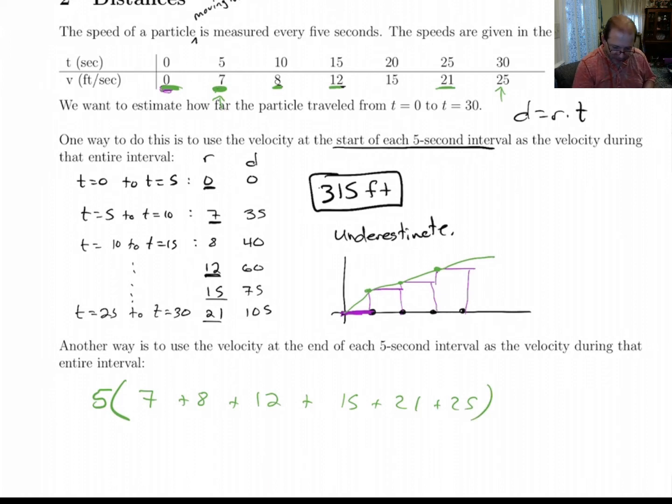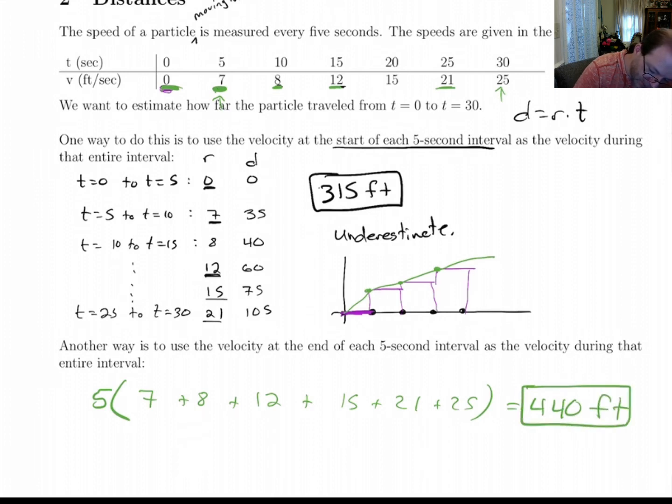I'm going to add this one up on my calculator instead of trying to do it in my head. Let's see, 21 plus 25 plus 15 plus 12 plus 8 plus 7. It's 88 times 5 gives me 440 feet.